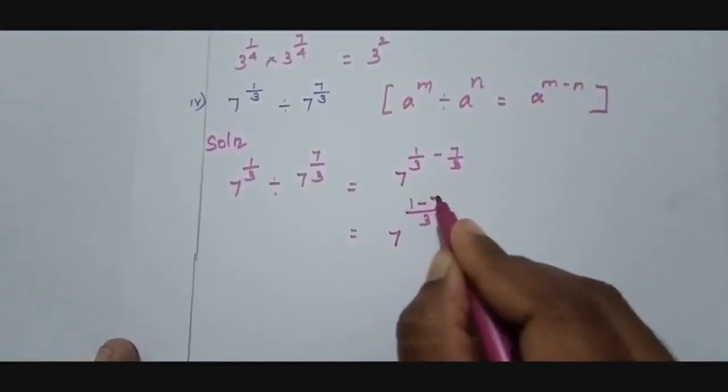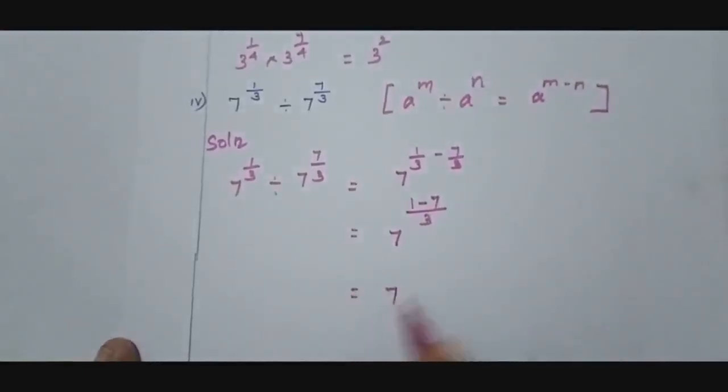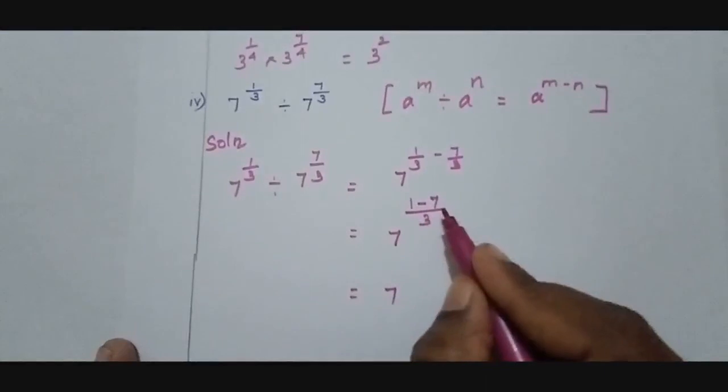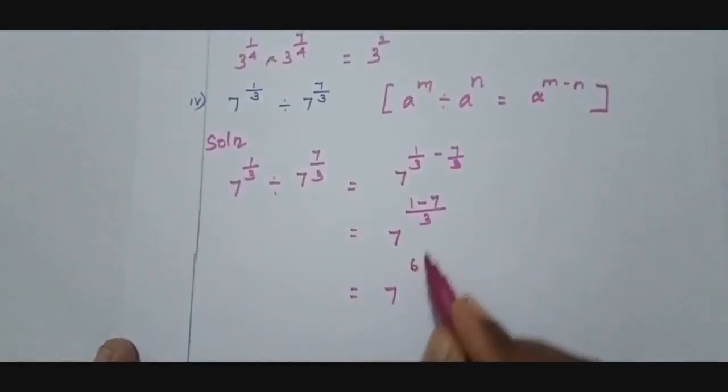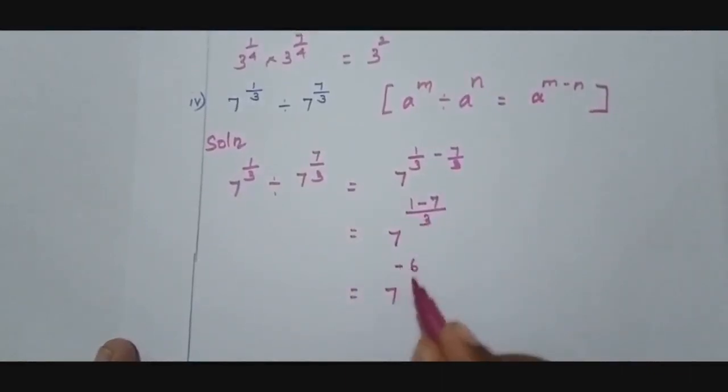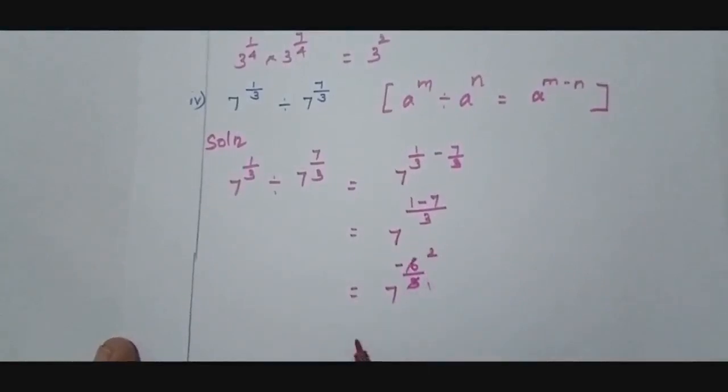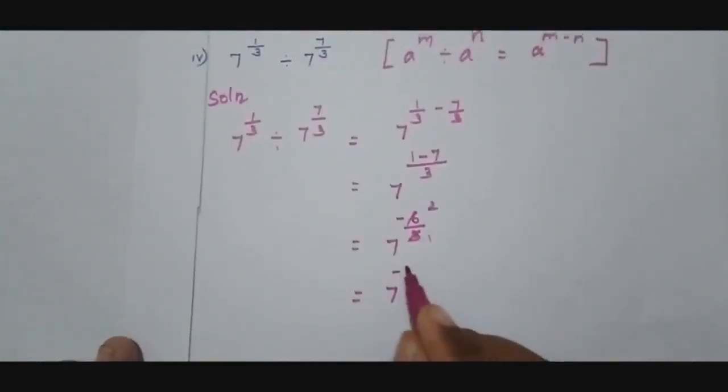1 minus 7. When it is in two different signs, you should subtract and write the greater number sign. The difference between 1 and 7 is 6 and the greater number sign is negative, divided by 3. Now you can cancel these 2 by 3 tables. 1 3 is 3 and 2 3s are 6, which is equal to 7 power minus 2.